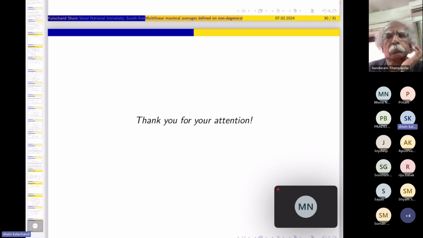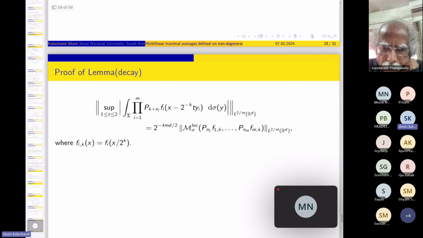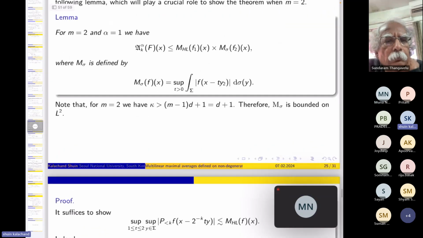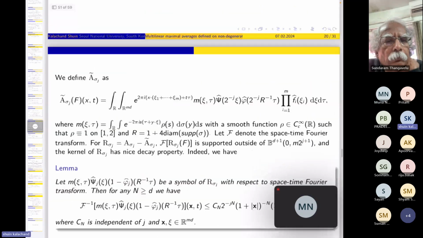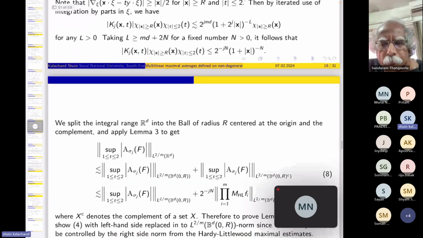Maybe with some other properties we can prove some better result also. Better in the sense that, for example, the condition on kappa bigger than (m minus 1)d plus 1 is not sharp.